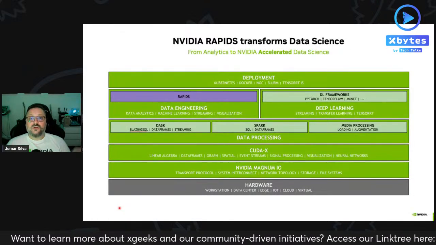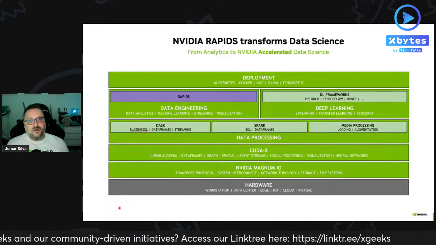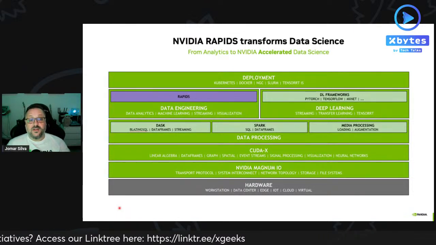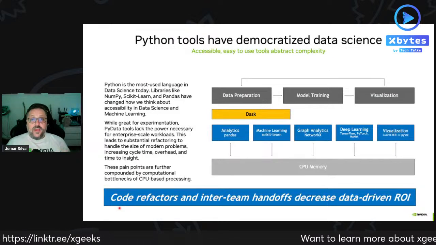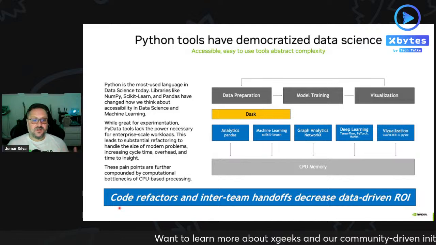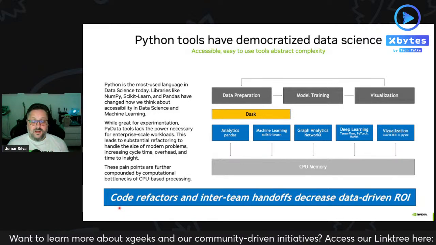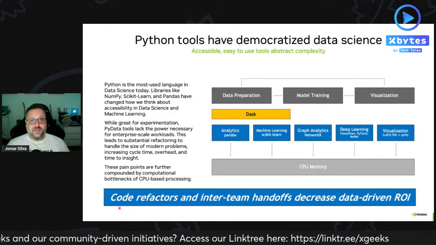And NVIDIA has a solution for anything related to data science to be accelerated on our hardware. RAPIDS is focused here on analytics, machine learning, streaming, and visualization. All of us that work with data science learn data science basically using PyData libraries such as Pandas, Scikit-learn, NumPy, SciPy, and others.